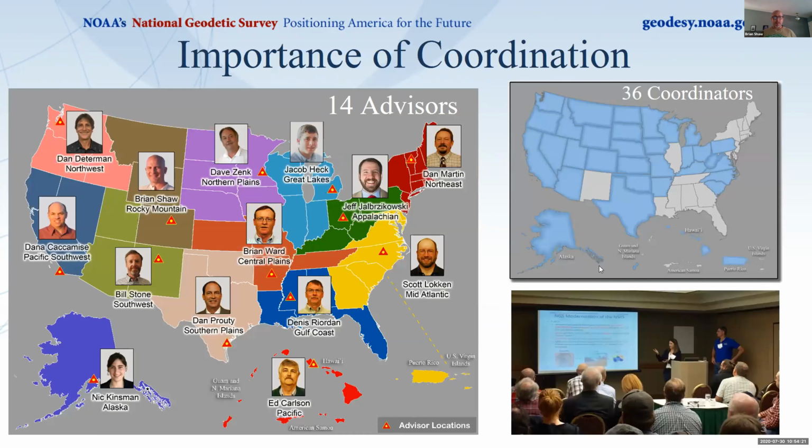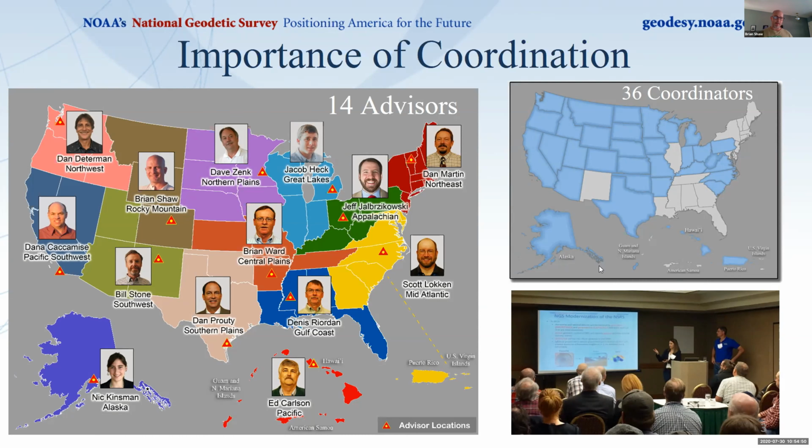With that, you can see here on the left the 14 regional advisors we have that cover all of the U.S. states and territories. My region is Colorado, Wyoming, and Montana. A very important part of the advisor program is having coordinators in each of these states. We're federal advisors for geodetic needs, but having these state coordinators really helps us understand the state needs.